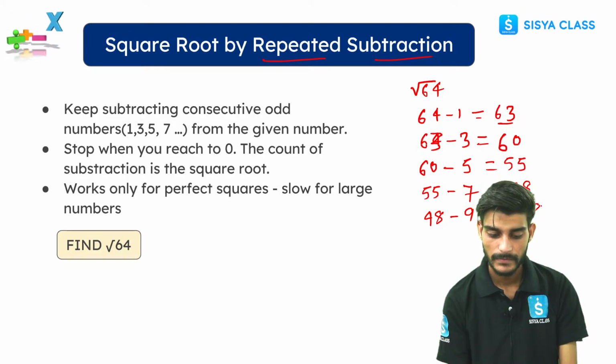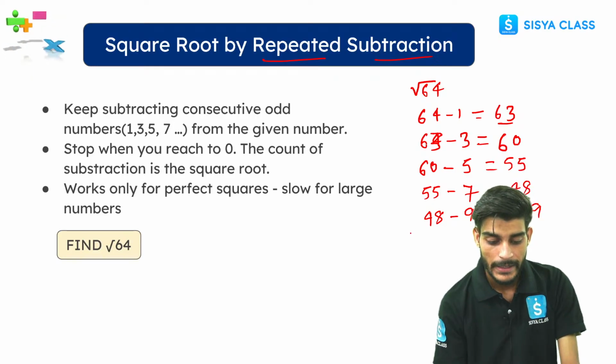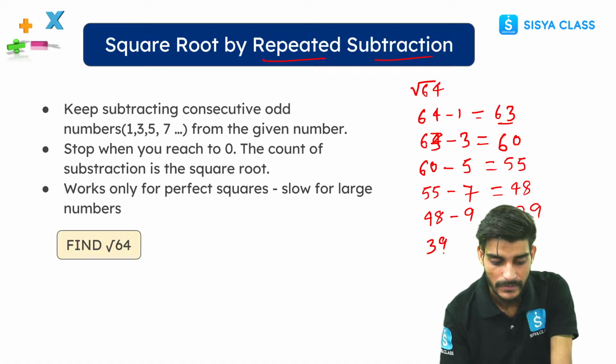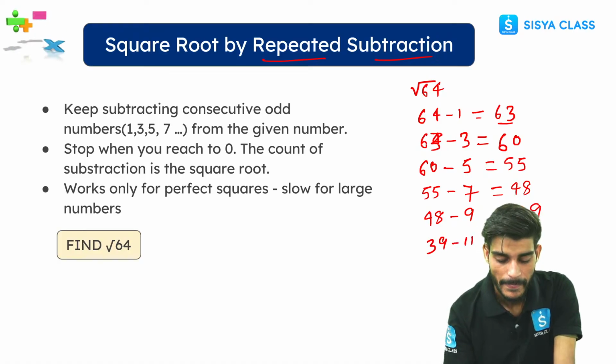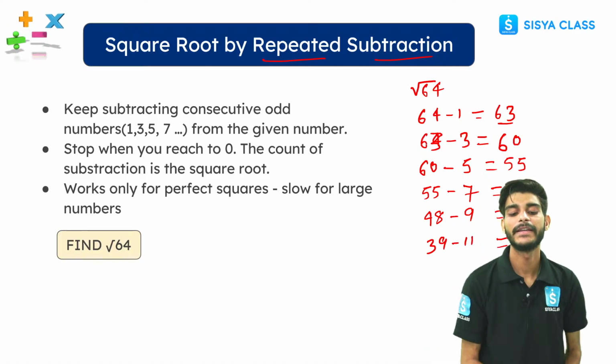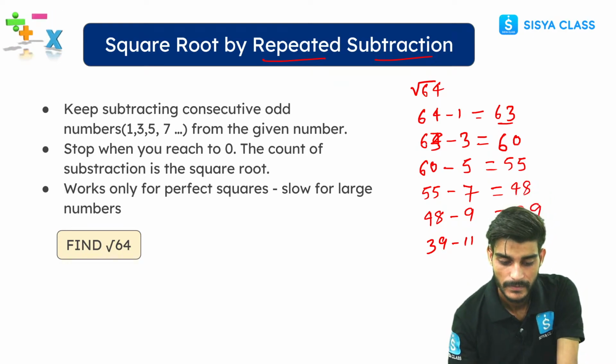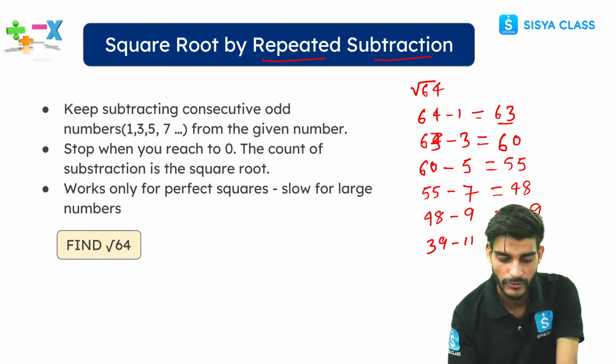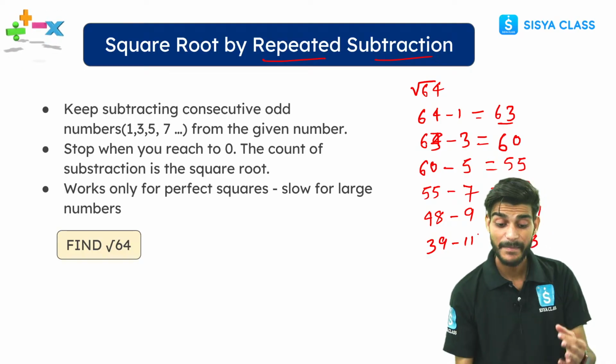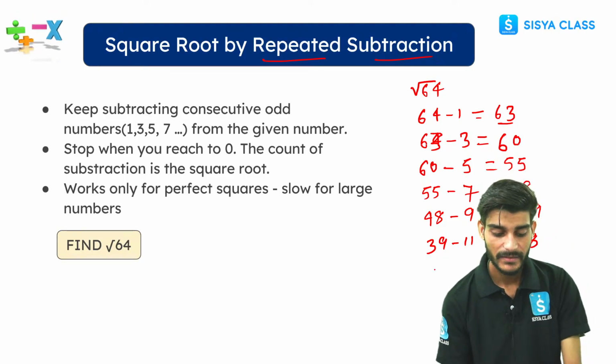This number we will get. 39 minus 11 is 28. Next step, 28 minus 13.